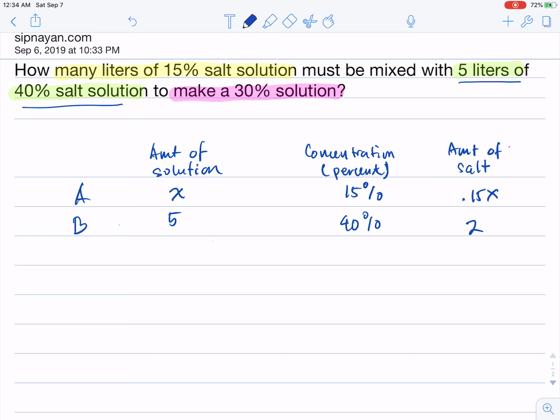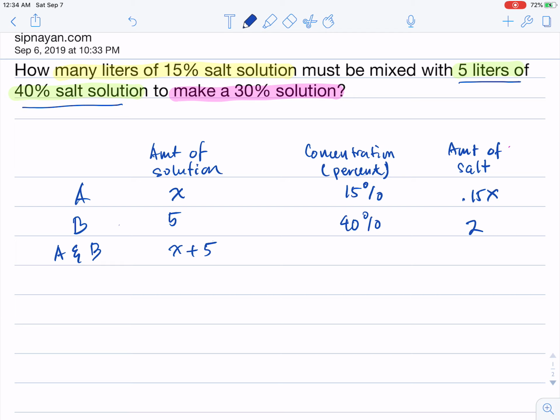Now, pag pinag-combine natin yung A and B, ano ibig sabihin nun? Pinagsama natin sila. So, kunwari, ang amount ng solution A ay 20 liters. Tapos ano gagawin natin doon sa 20 tsaka sa 5? Pagsasamahin natin sila, di ba? So meaning, dadagdag silang dalawa. Pagsasamahin yung volume nila, ipa-plus yan.